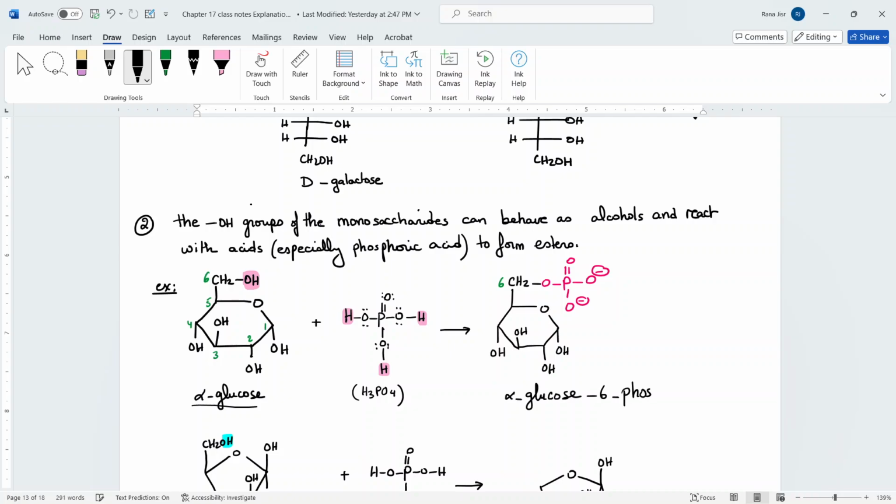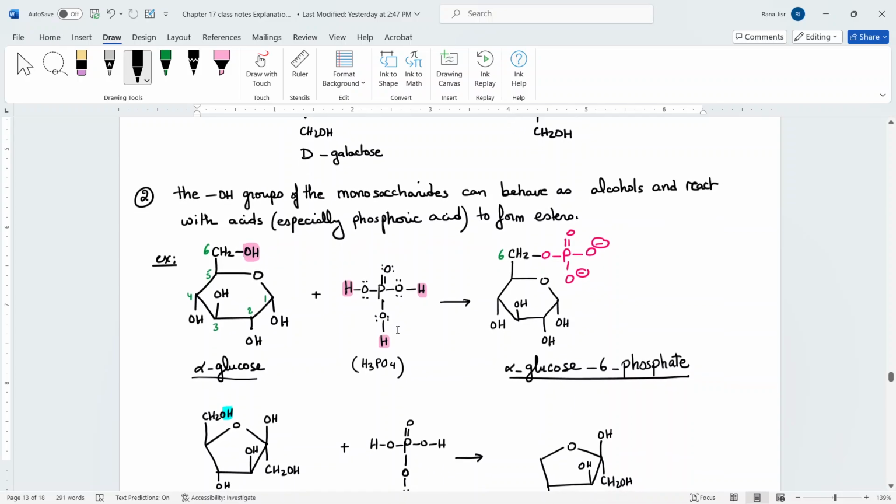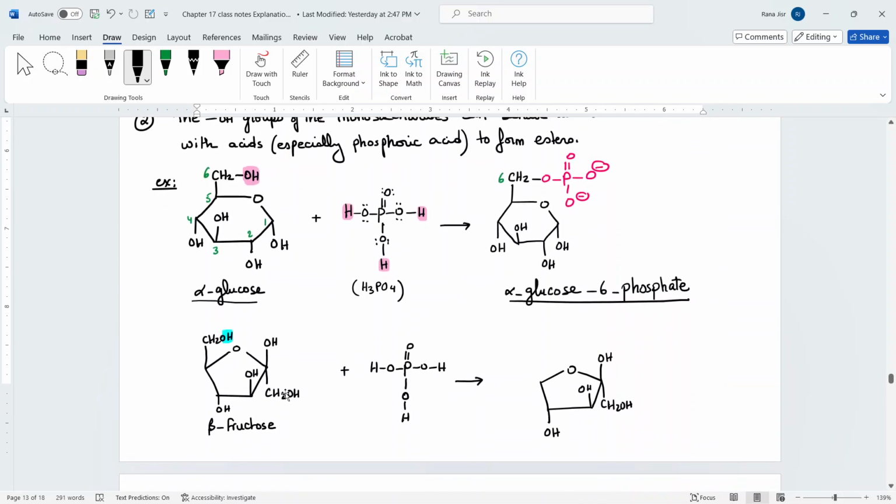So that is going to be phosphate. You are responsible to name this structure. This is an example of a pyranose whenever it reacts with H3PO4. Same idea when the furanose reacts with H3PO4.